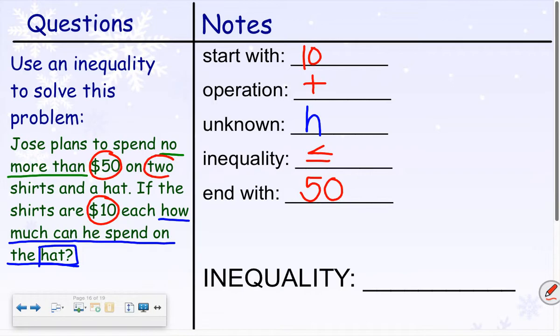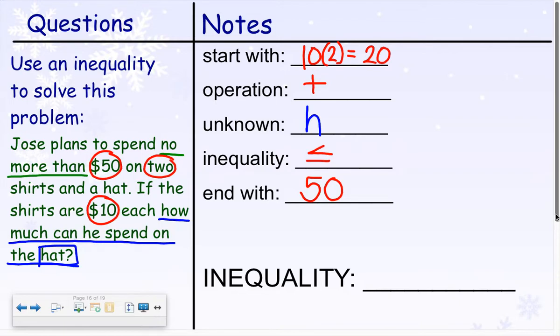We have the word 2 here. So let's go back and see what that is. So Jose plans to spend no more than $50 on 2 shirts and a hat. Each shirt is $10, but he's buying 2 of them. So really, we can say that this is 10 times 2 or just make it 20. So rather than doing 10 twice, let's just make it 20.